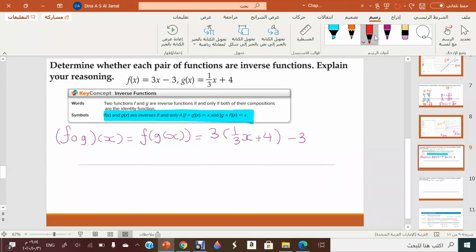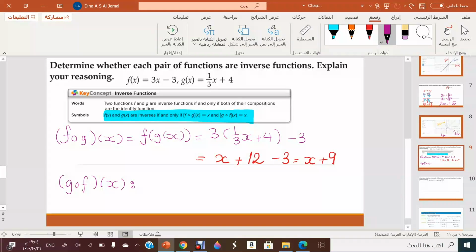Distributive property, and I will have x plus 12 minus 3, so x plus 9. I will not continue to find g of f, since from the beginning I don't need to.